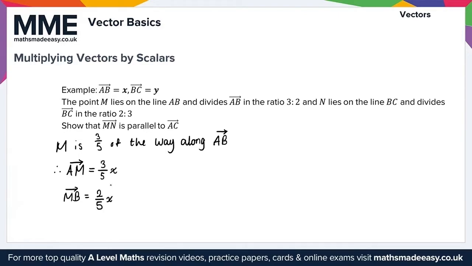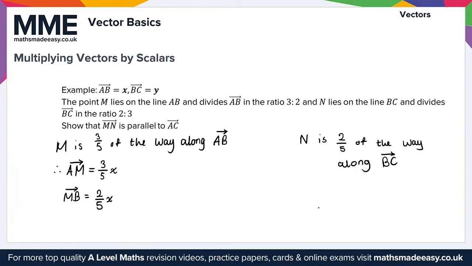Okay. Well, in that case, considering now the point N here, which lies on the line BC, and divides the vector BC in the ratio 2 to 3, again, considering this in the same way that we did here for M along the line AB, then we can see N is 2/5 of the way along vector BC here.